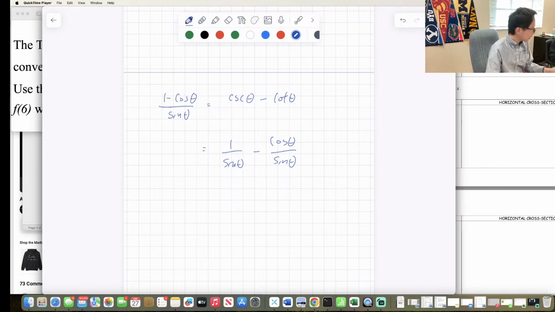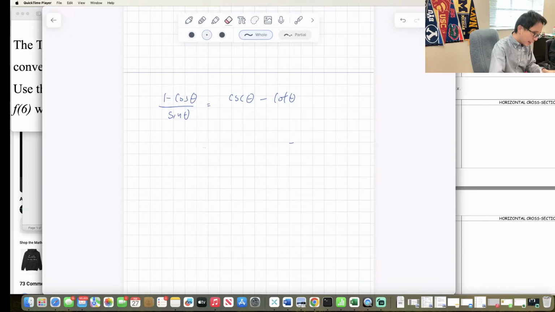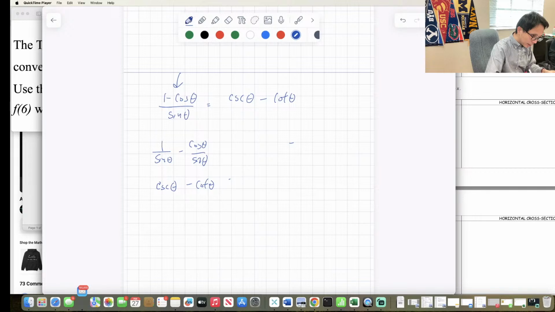You did an easier step, but what I tell students is I actually don't prefer that. It's good, and I would give you points on the test anyway. I prefer to see the bottom split into one term each, so it'll be 1 over sine theta minus cosine theta over sine theta, and that's equal to cosecant theta minus cotangent theta. Do you remember this? Not the same question, maybe a different format.